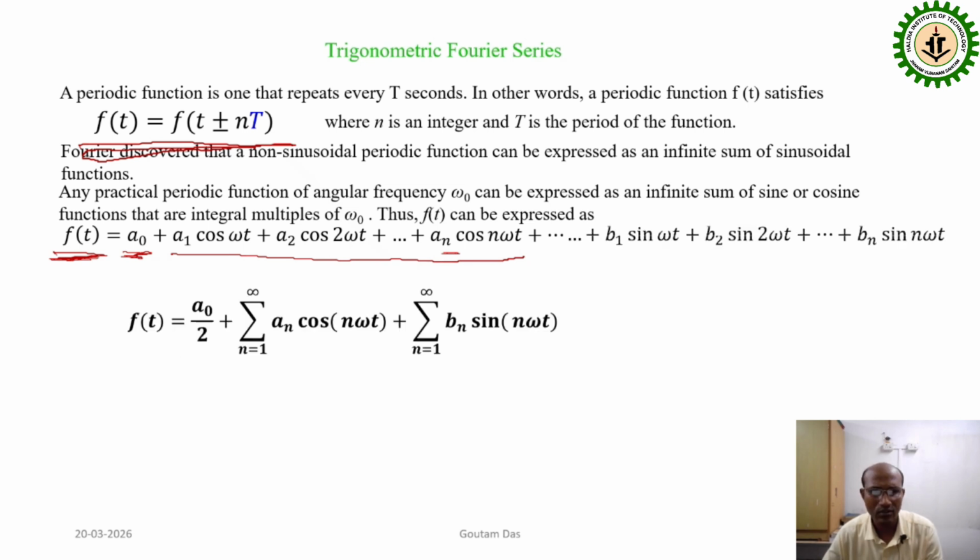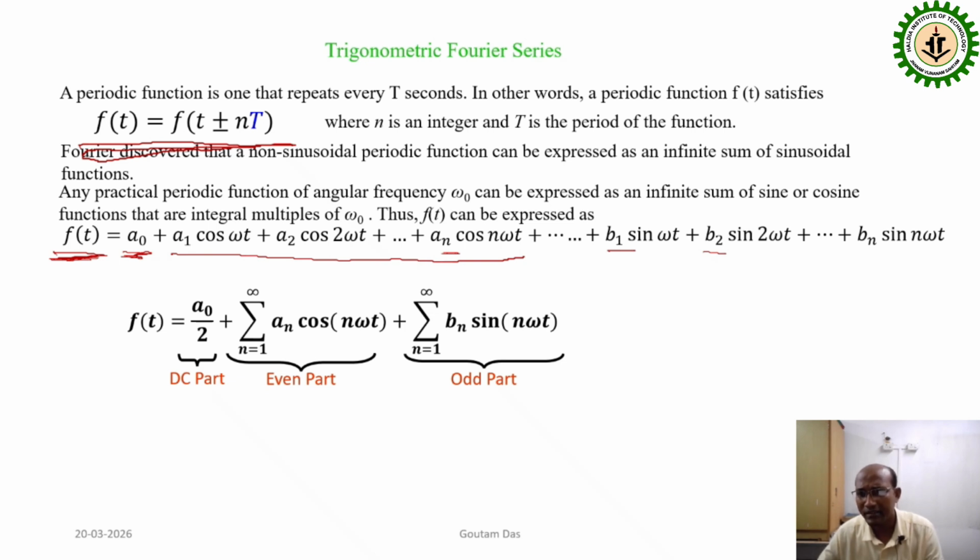Similarly, it is also a combination of b1 sin 1 omega t, b2 sin 2 omega t, b3 sin 3 omega t, like that, bn sin n omega t, where again n can be up to infinity.